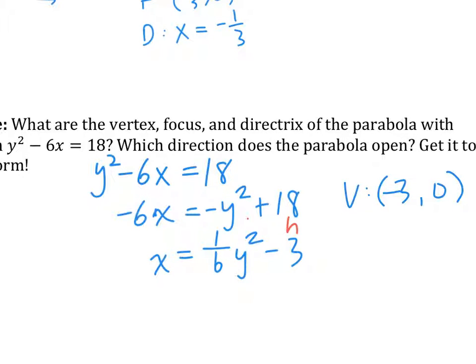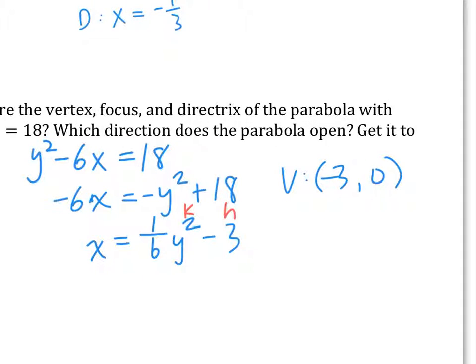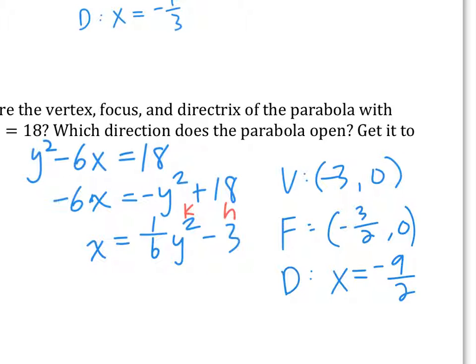So this is h, this is k. Okay, please be careful. When you switch x and y, you gotta switch h and k. All right, solve this. Let me know when you're done. All right, let's give you the answer. Focus is -3/2, 0, and the directrix is x equals -9/2, or you can leave it in mixed number if you want.